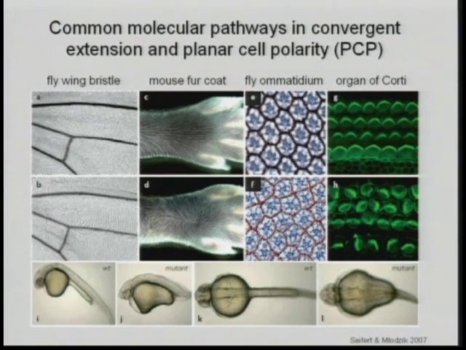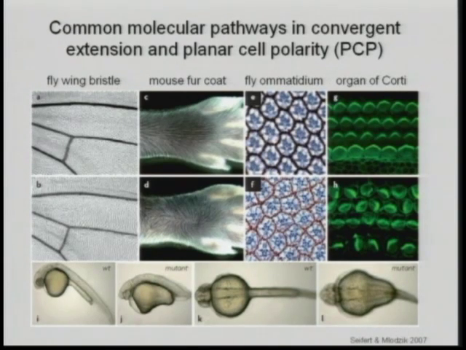For example, in the Drosophila wing bristle or the mouse fur coat, all the furs or the hairs point to the same direction. What people found is that genetic mutations affecting convergent extension in mutant zebrafish embryos like this will almost always generate the planar cell polarity defect, basically a randomization of this polarity. This suggests that the molecules and pathways that control this process are highly conserved.